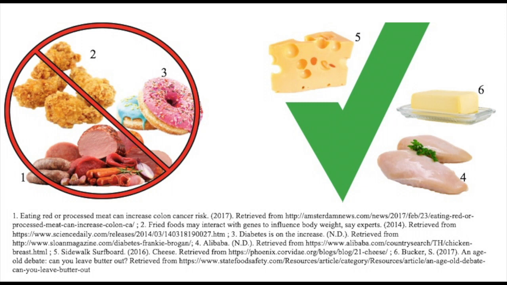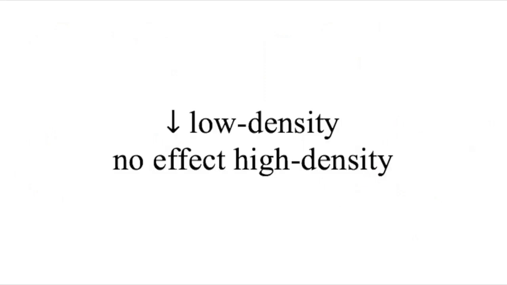Marathon runners are recommended to consume more unsaturated fats, as they decrease low-density lipoprotein cholesterol and have no effect on high-density lipoprotein cholesterol. Unsaturated fats contain monounsaturated and polyunsaturated lipids.